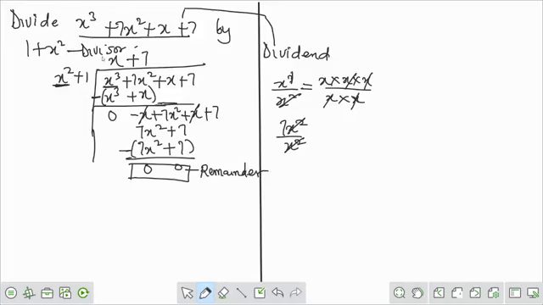And we get x plus 7 as our quotient. Now, whenever you are getting a 0 remainder for a polynomial, it means this x plus s squared is a factor of the polynomial.